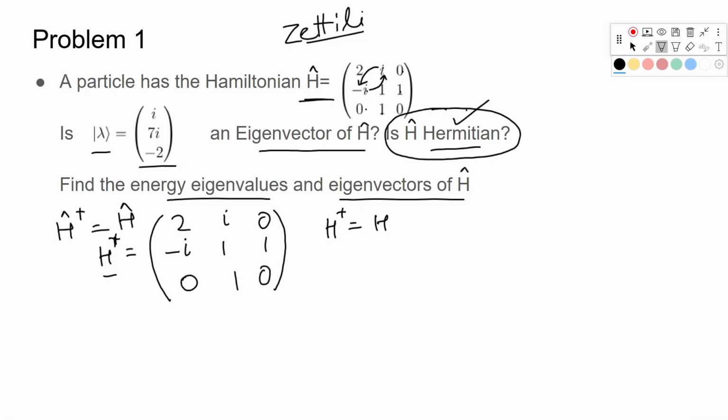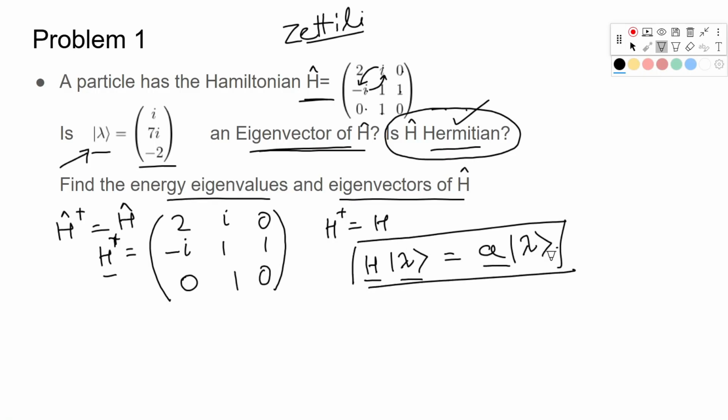Now let's check if this ket is an eigenvector of our Hamiltonian operator. To do that, we have to check if we can put it in this form. This is the operator, this is the eigenvector or eigenket, and this is the eigenvalue. If we can put our Hamiltonian operator and our ket in this form, then this ket is indeed an eigenvector of our Hamiltonian.